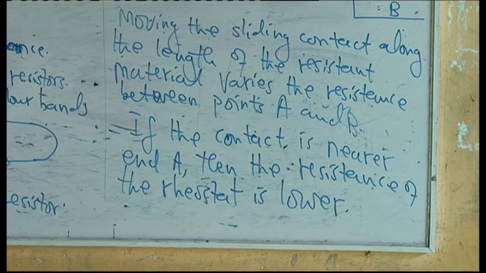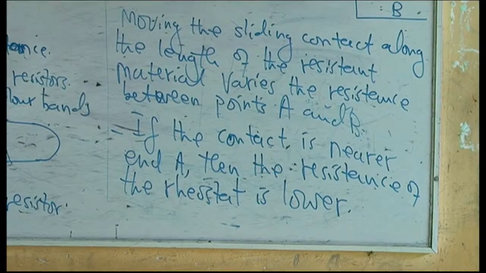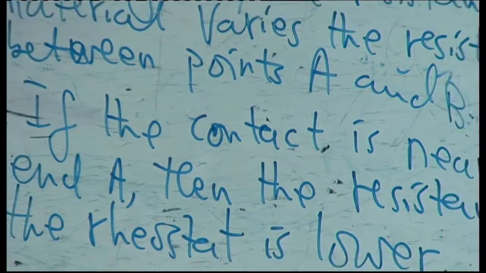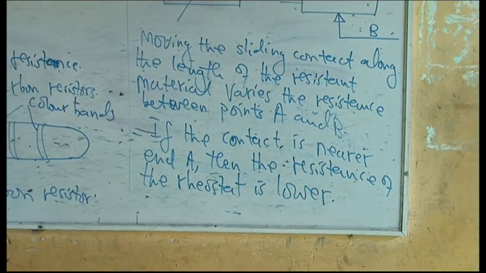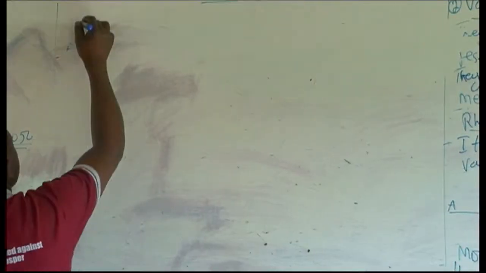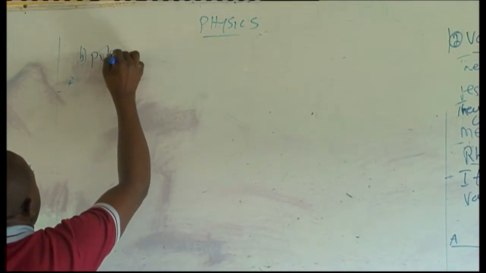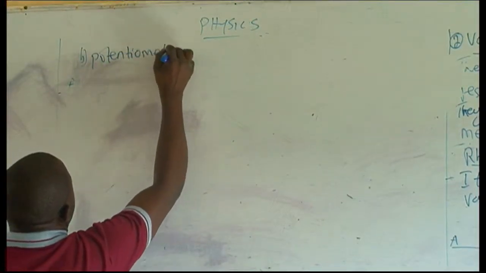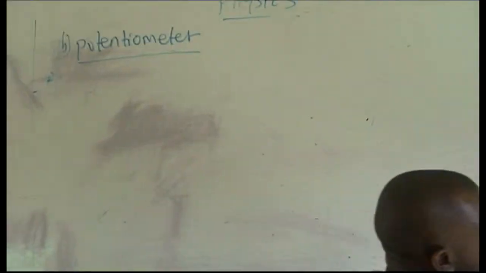Now, part 2, we want to talk about the potentiometer also, under the variable resistors, so that we also know what a potentiometer looks like. Unlike the rheostat, which has only 2 terminals, this potentiometer has 3 terminals.